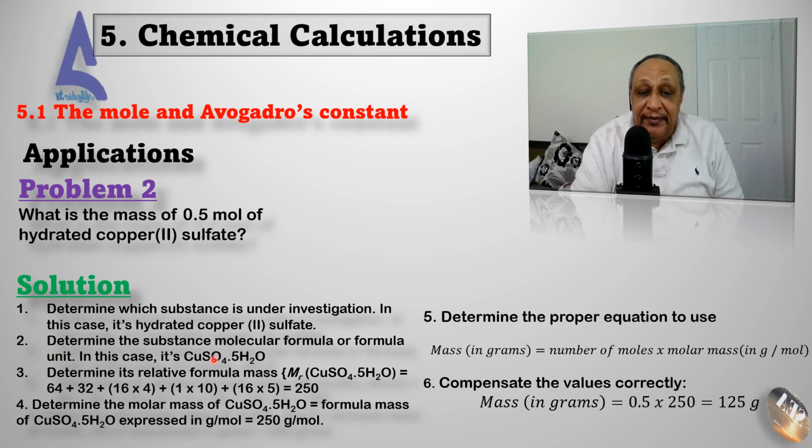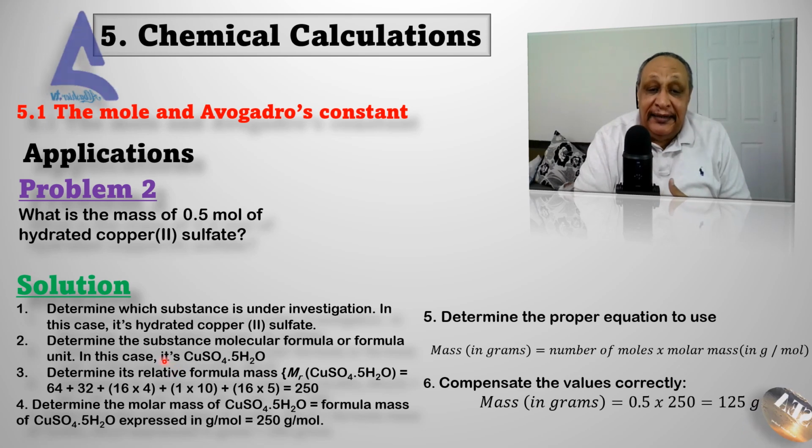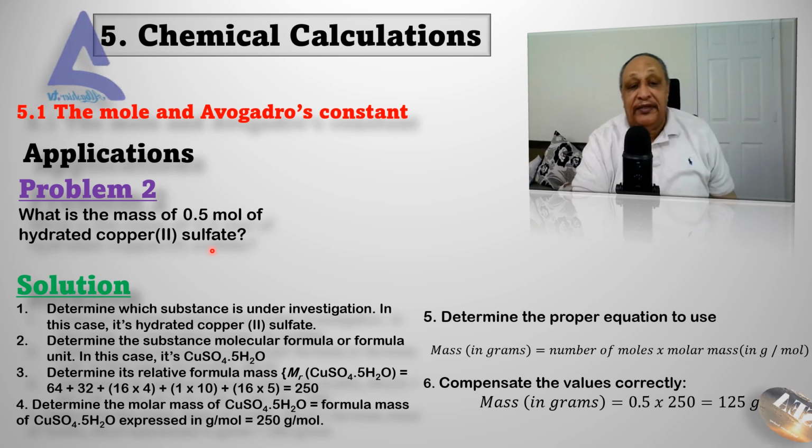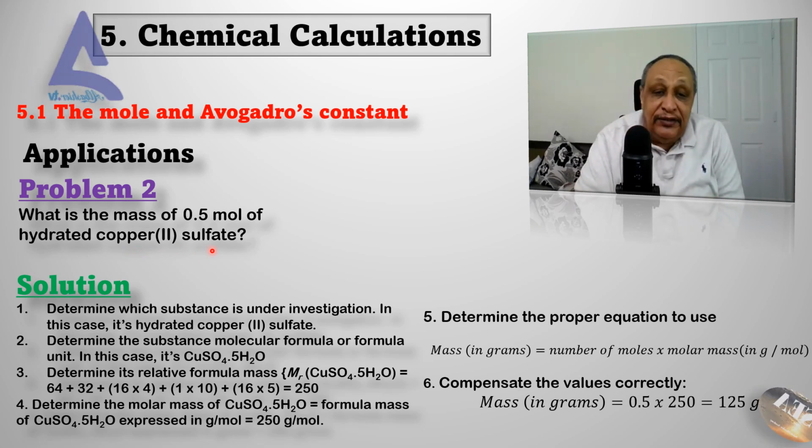Determine the substance's molecular formula or formula unit. In this case, it is a formula unit, and it is CuSO4.5H2O. This is the formula unit for the hydrated copper(II) sulfate.